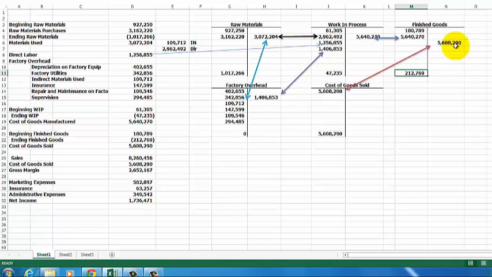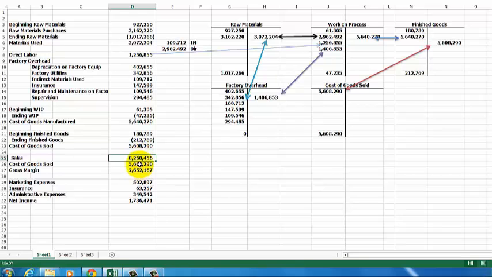The difference is cost of goods sold. That's a credit to finished goods, which would be better kept track of as you go along during the accounting period. Each time you sell something, the cost of it would be credited to finished goods and debit cost of goods sold. So just as you see at the bottom of this, that would be part of your income statement.